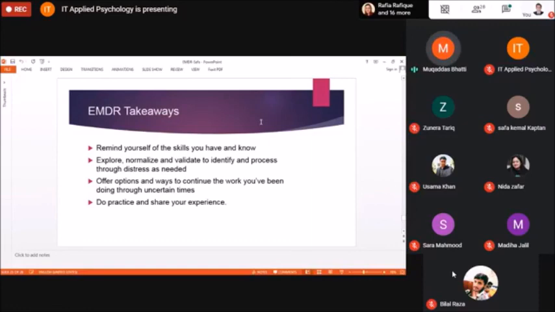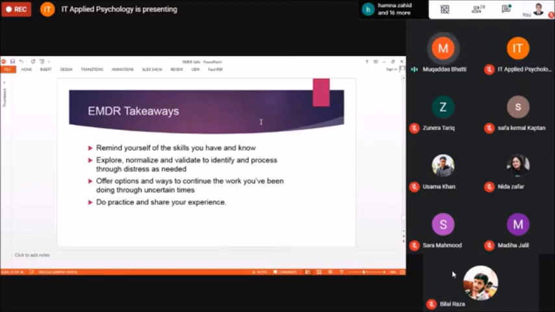So these are the EMDR takeaways. First of all, I want to say that these are not standard EMDR, but low intensity EMDR techniques that anyone can practice. The takeaways are that we need to remind ourselves that we have the skills to respond to stressful situations in a very healthy and positive way, and we have the capacity to respond very well.